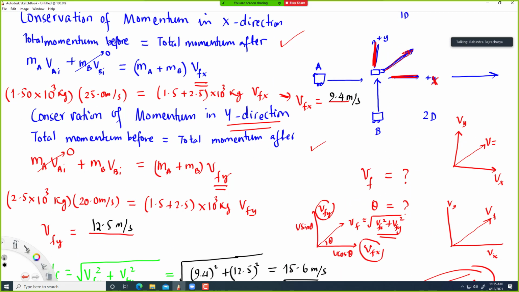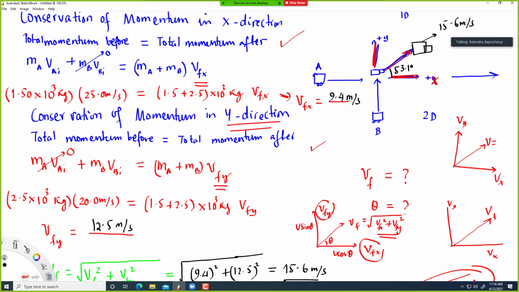So this is 53.1 degrees and 15.6 meters per second. Okay, so that's worksheet 15.